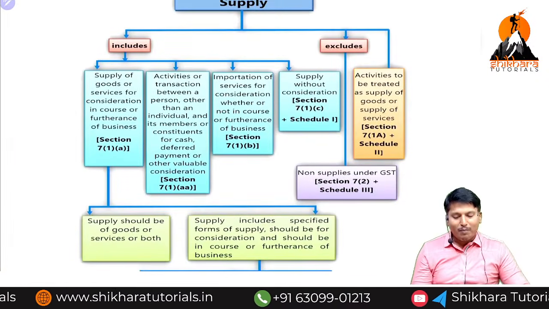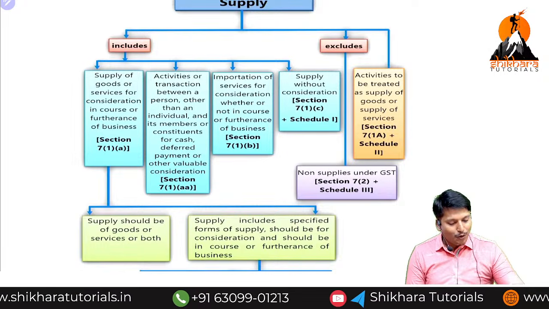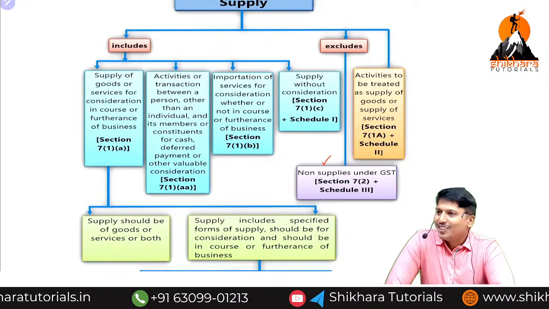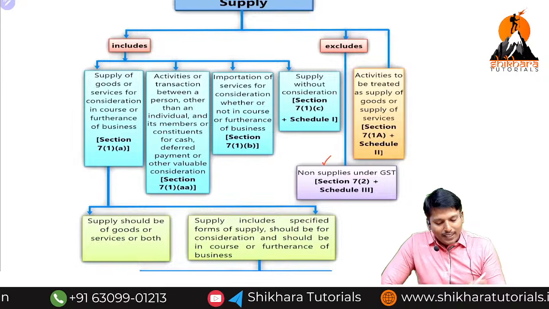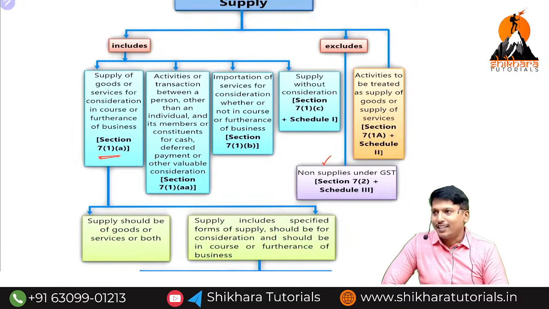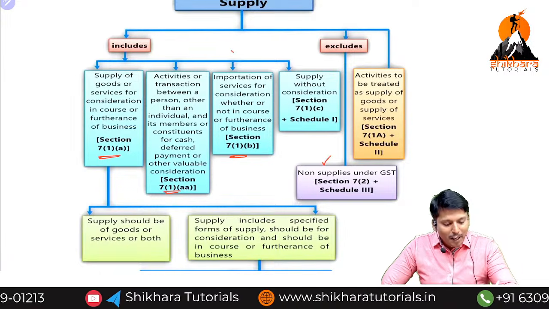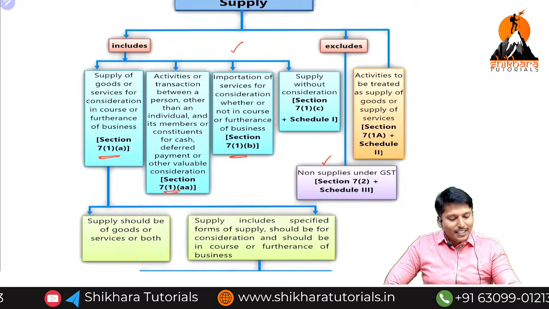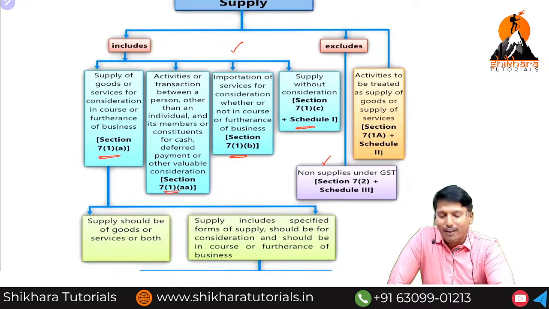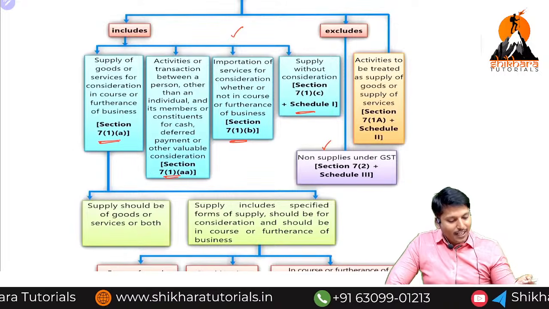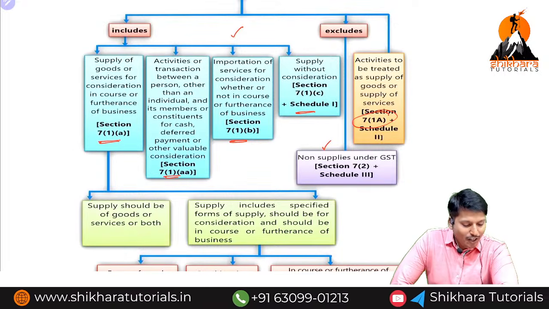Supply includes, supply excludes. Excludes, you know, negative list. First one, 7(1)(a), with consideration. 7(1)(b) is import of services. 7(1)(c) is schedule 1. What is schedule 1? Supply without consideration. Schedule 2.